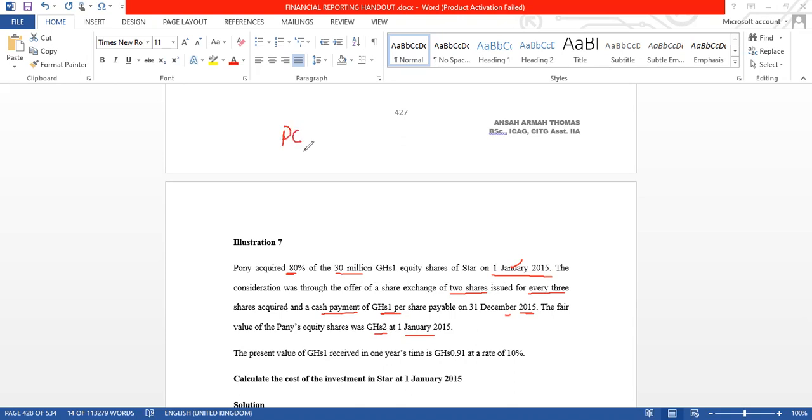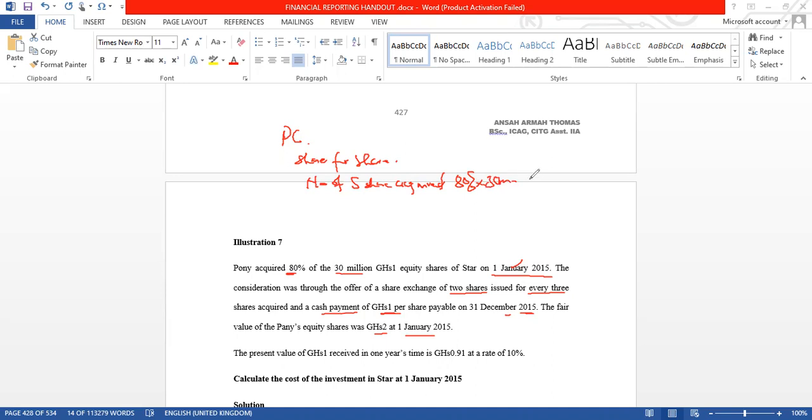So you say purchase consideration, and you say share for share. Now in the share for share, number of S shares acquired is how much? We have 80% of 30 million.